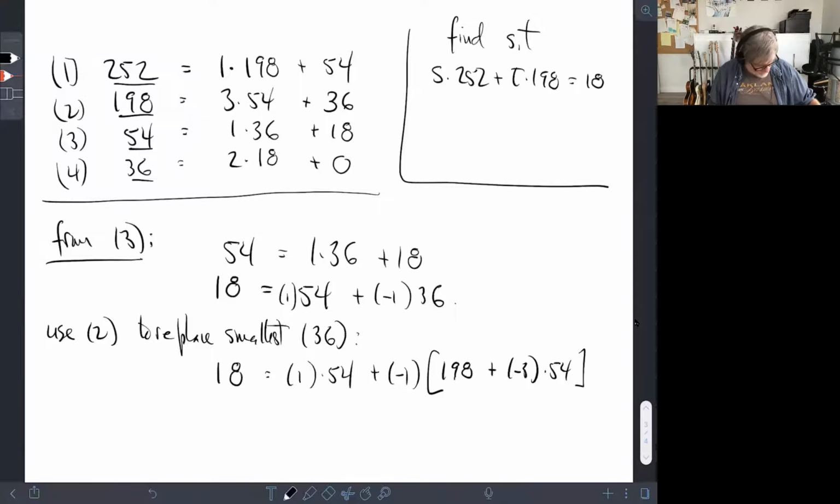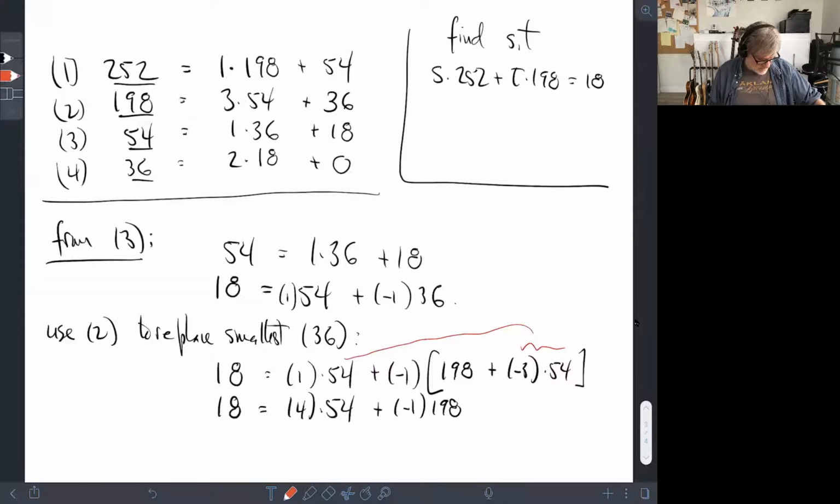Okay, so now I'm going to put the 54s together and the 198s together. There's only one 198. So I've got 1 times 54, and I've got minus 1 times minus 3, which is 3. So that's a total of 4 times 54 plus minus 1 times 198.